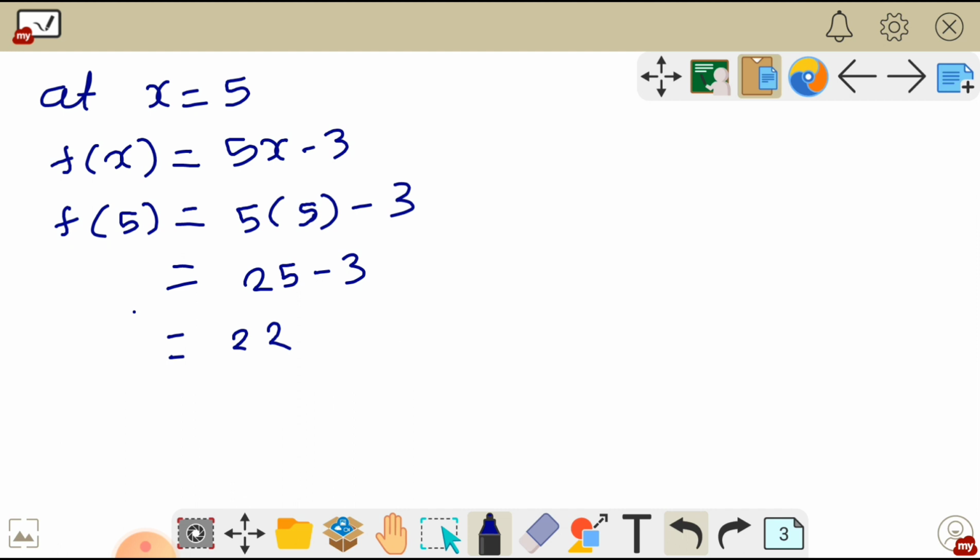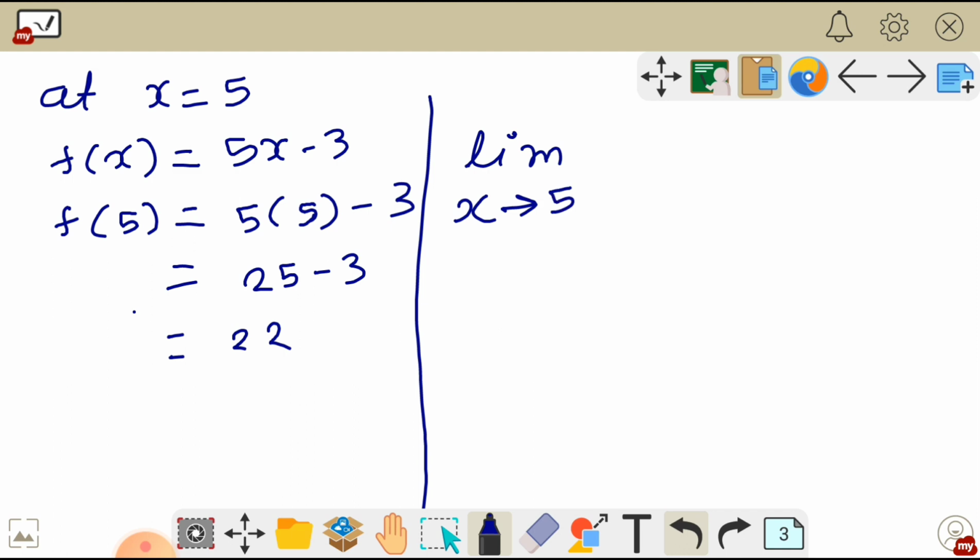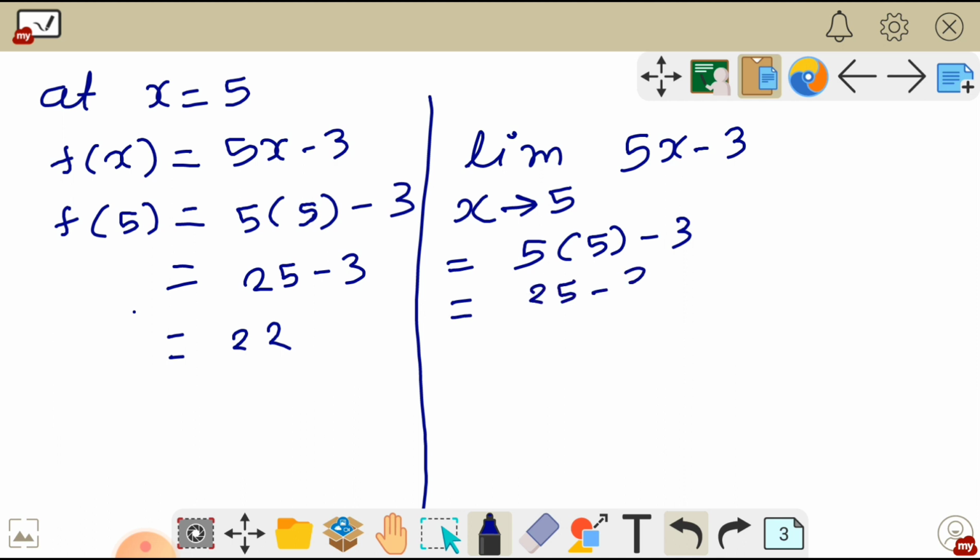Now let us find the limit of the function. We will do the same as we have done earlier. The limit as x tends to 5 of f of x is 5x minus 3, so I am writing 5x minus 3 directly here, which equals 5 in the bracket 5 minus 3, which equals 25 minus 3, which equals 22.